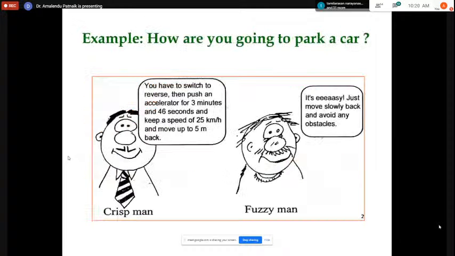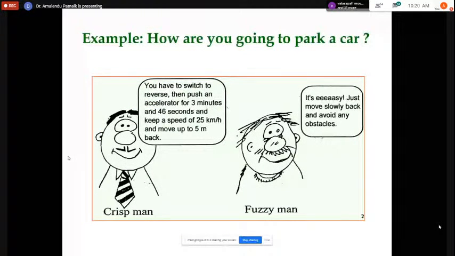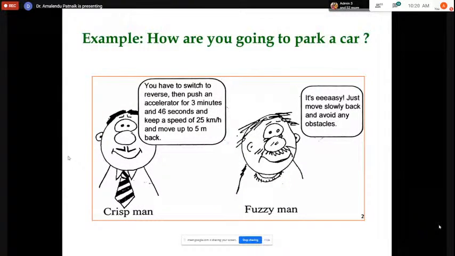For example, suppose one is a Crisp man and another a Fuzzy man, and the task is: how are you going to park a car? If you ask a Crisp man, you will get an answer like this: switch to reverse, push the accelerator for 3 minutes 46 seconds, and finally you can park your car.